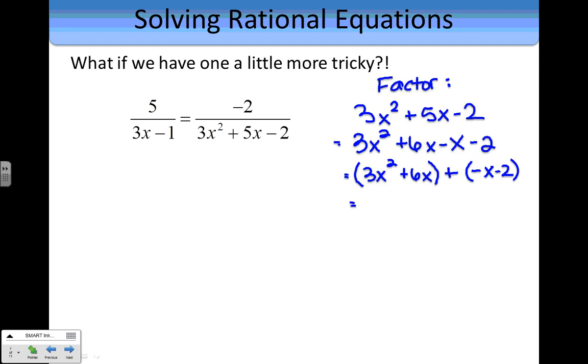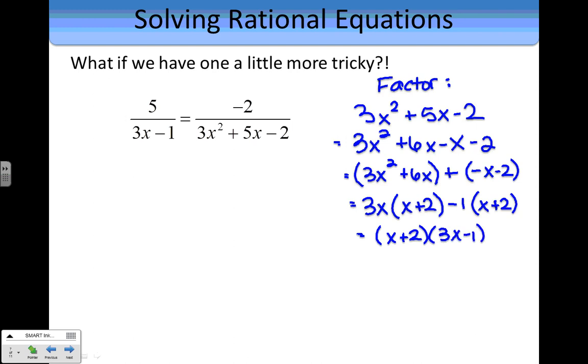Factor out a 3x to get x plus 2 left. Factor out a negative 1, and I get x plus 2. So I have x plus 2 times 3x minus 1 is what that factors to.